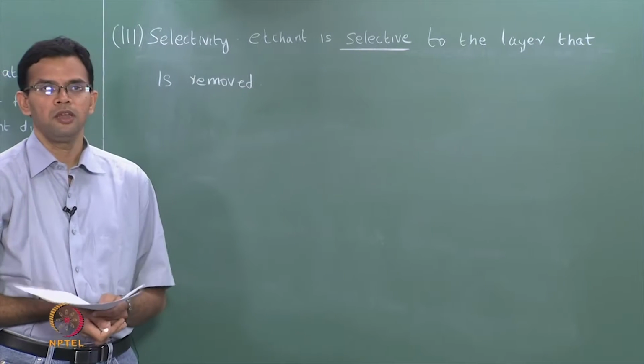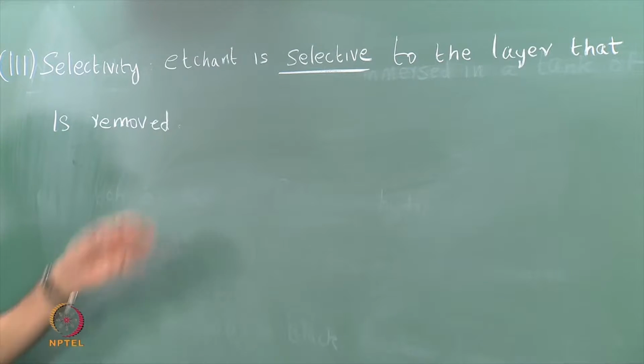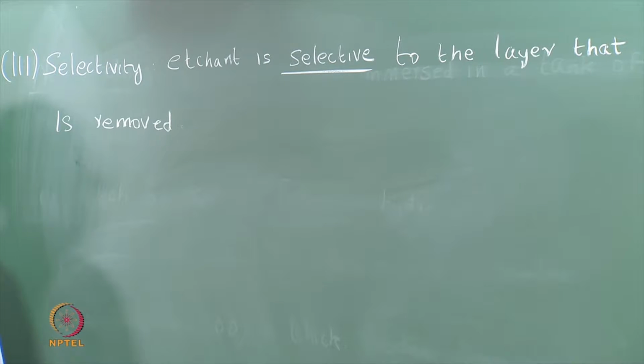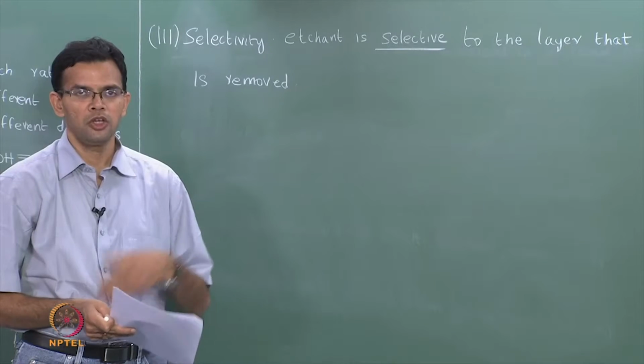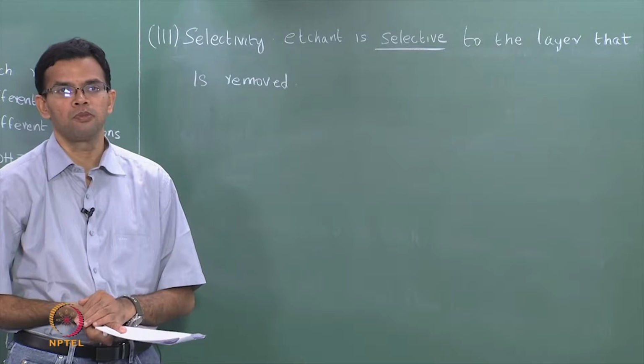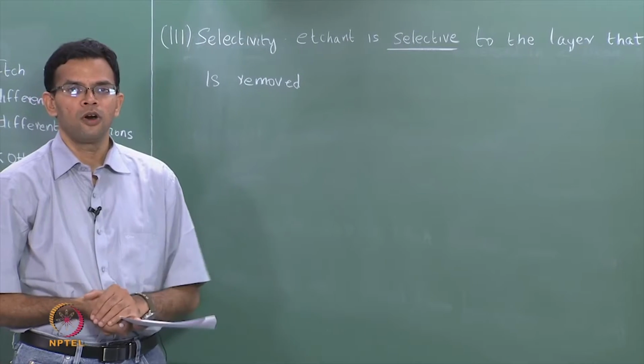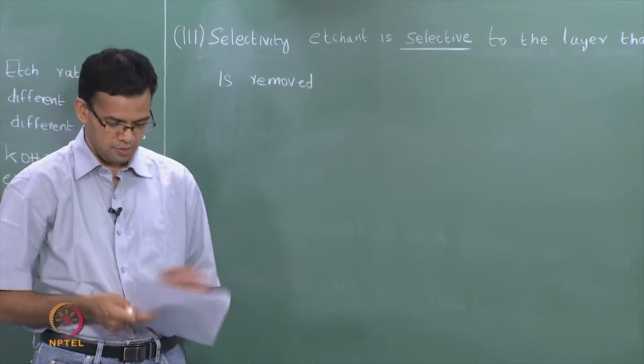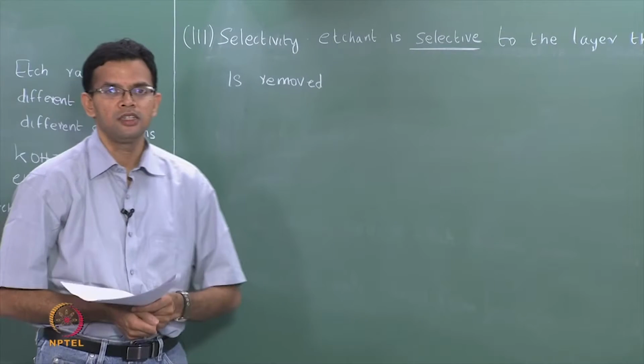So this is very important because you need to be able to protect the material that is below it, and you also want to be able to provide a stop for the etching process to happen. So usually that is not the case.